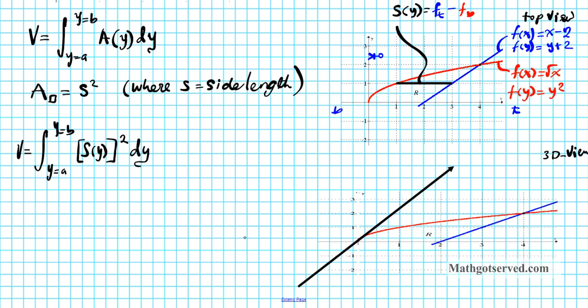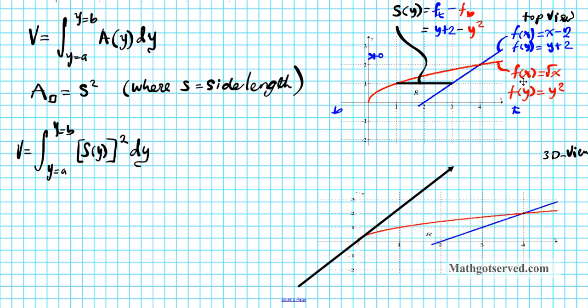So the length s of y is simply going to be the function on the top, which is y plus 2, minus the function on the bottom, which is a radical function. But in terms of y, it's going to be a square function, the inverse of that, minus y squared. Okay?